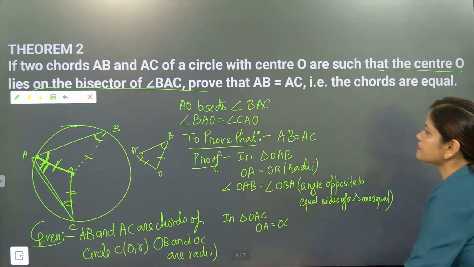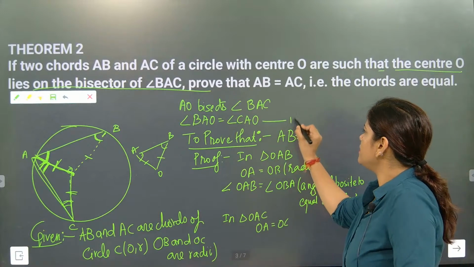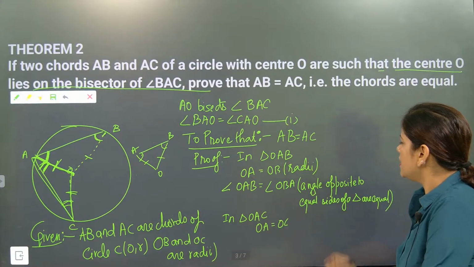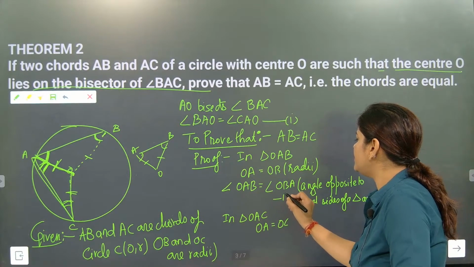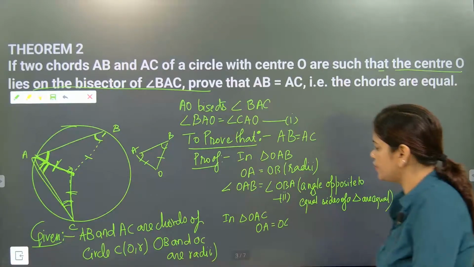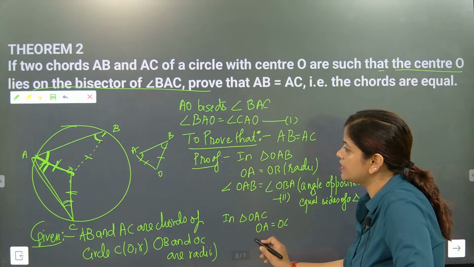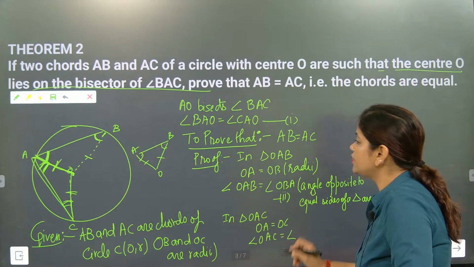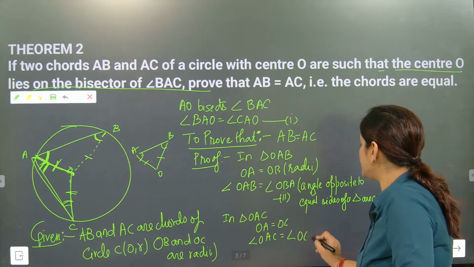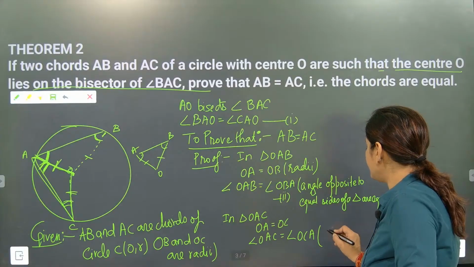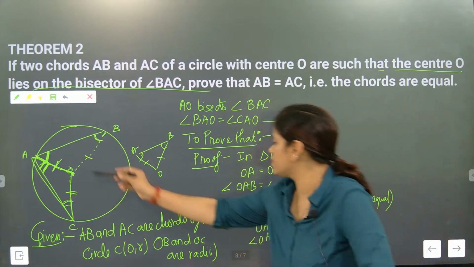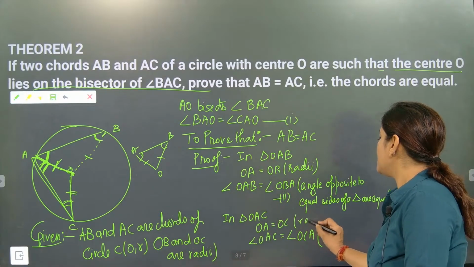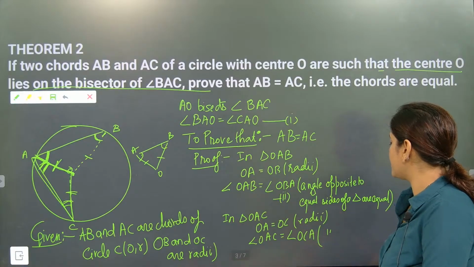This is already given, we will take it as equation 1. What we have just derived will become equation 2. Now OA is equal to OC, so we can say angle OAC is equal to angle OCA. Why? Same criteria. If they both are radii, then the respective angles become equal.